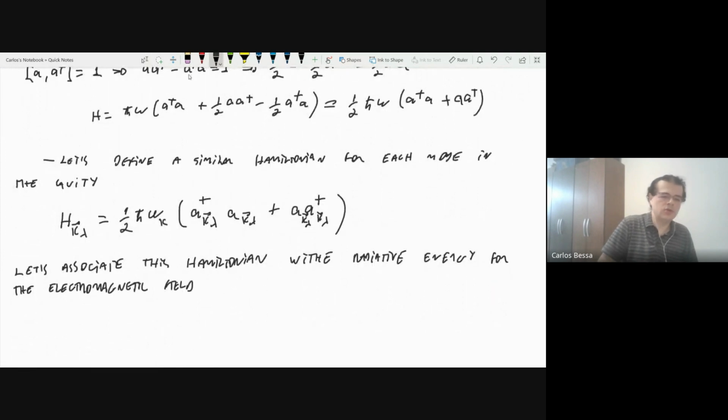So in the classical theory, you could prove that this energy E for each mode is given in terms of two epsilon 0 V omega_k squared, times the mode coefficient plus its complex conjugate.